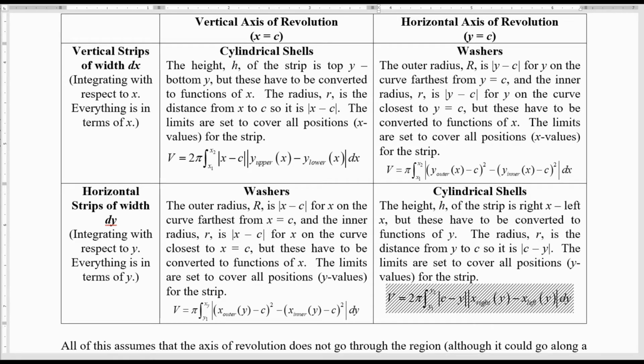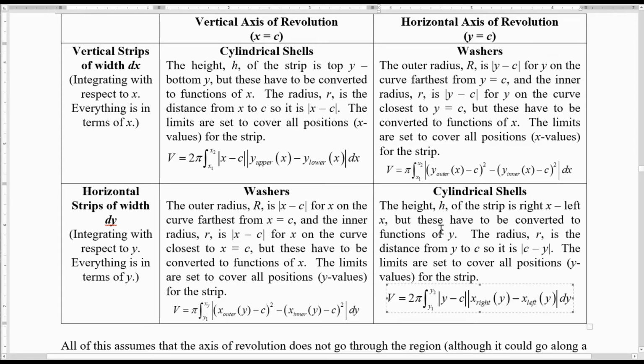Okay, and so it's basically power square minus power square for the two different radii. So for the washer method.